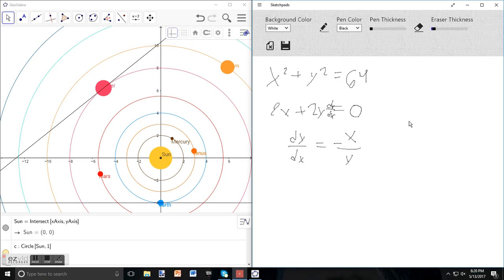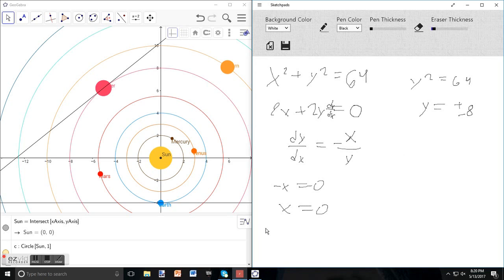But what will change? Let's go through the same process. Finding a horizontal tangent, you set the numerator equal to 0. So negative x equals 0, and then x equals 0. We plug that back in, and we find that y equals plus or minus 8. So even though dy over dx is the same for all circles, the positions of the tangents will not be the same.